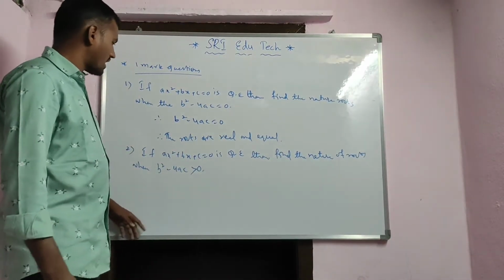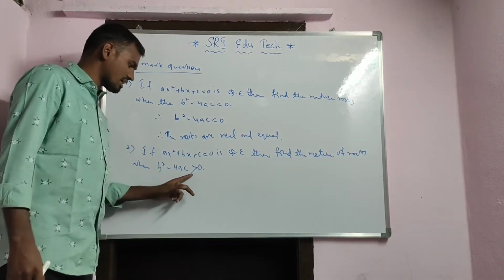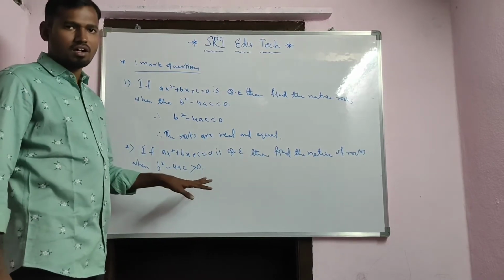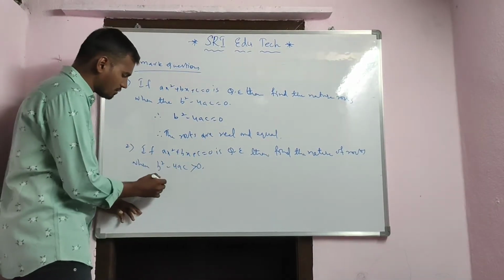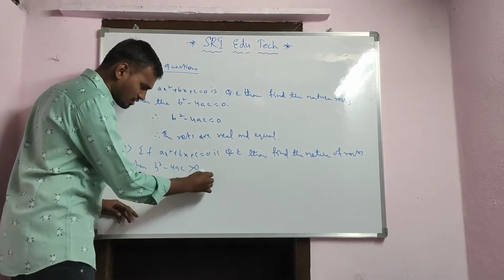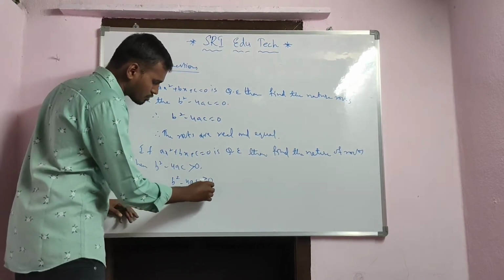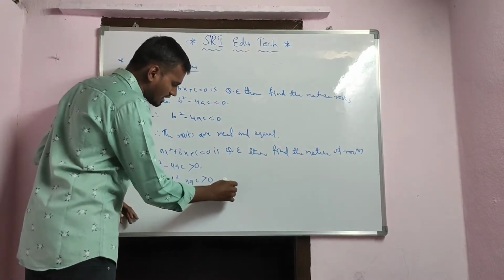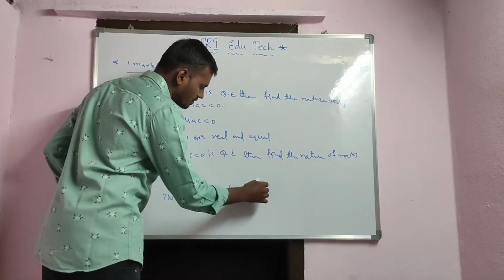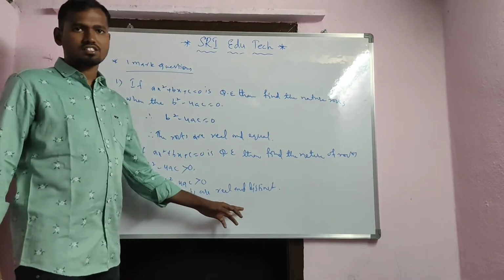You have a condition for the same. B square minus 4ac greater than 0 means the roots are distinct and real. Let us simply write down: b square minus 4ac greater than 0, the roots are real and distinct.